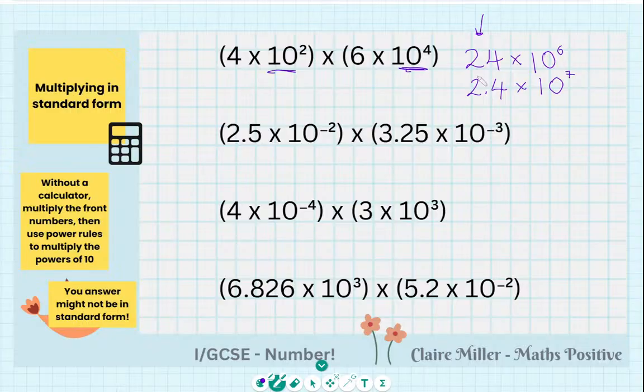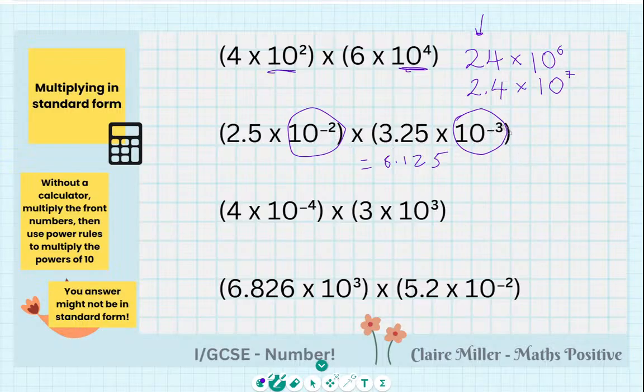So you can use a combination of calculator and your knowledge, perhaps, to make things quicker, however feels best for you. If you're using a calculator, I might decide to type 2.5 times 3.25 into my calculator. That gives me 8.125. And then I could do 10 to the power of minus 2 times 10 to the power of minus 3, which would mean adding together these two powers.